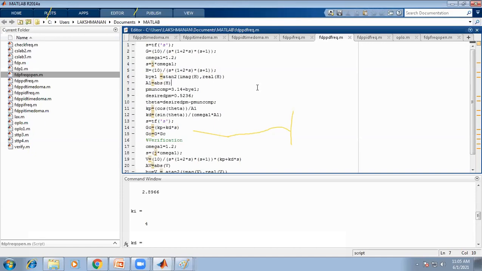Here the transfer function is 10 divided by s plus 2 into s plus 1. One minute. I'm checking whether the transfer function is correct once again.